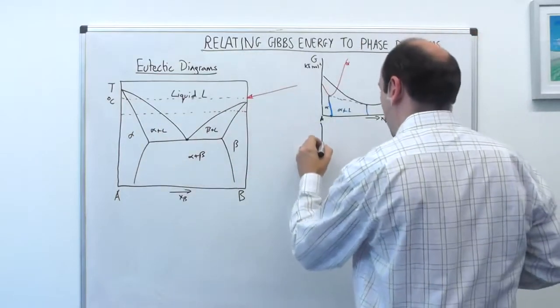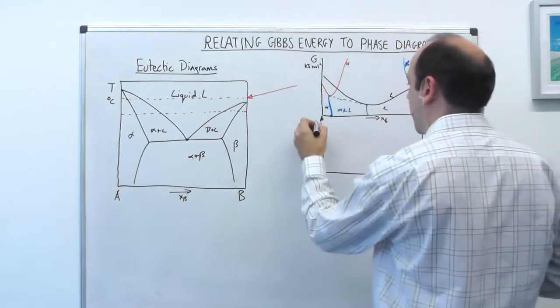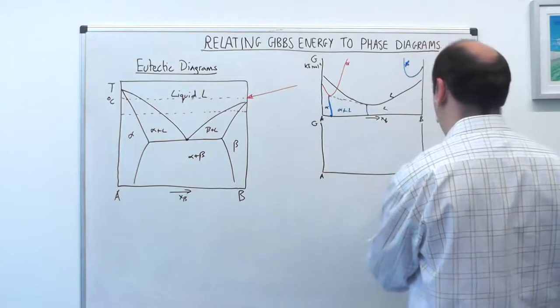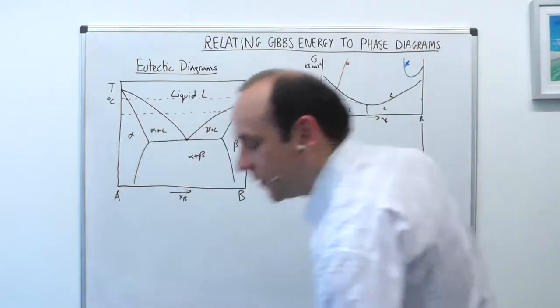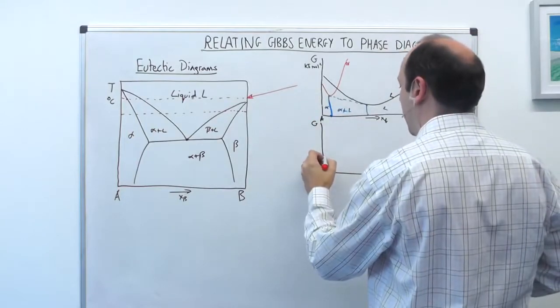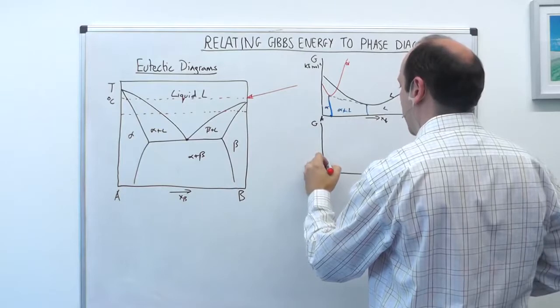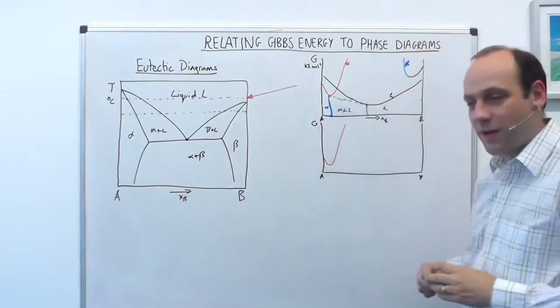So we'll have Gibbs energy here against content again. So that's G going from A to B. And we'll have our alpha phase now. That's now done something like this. The liquid's probably moved up a bit relative to the alpha.